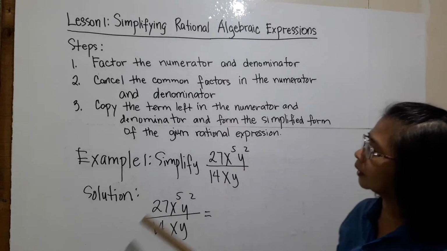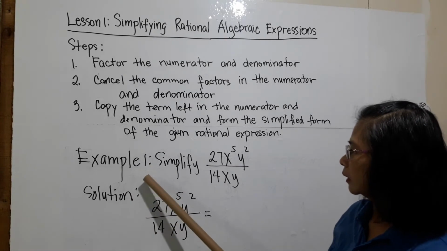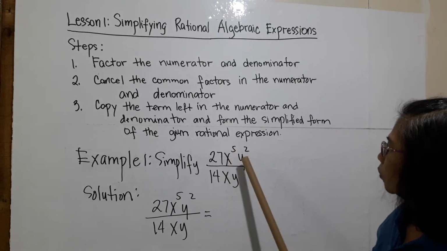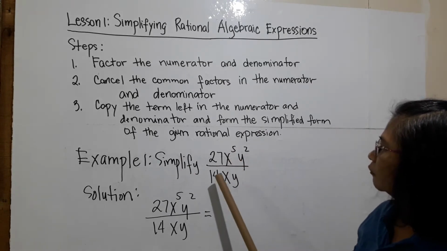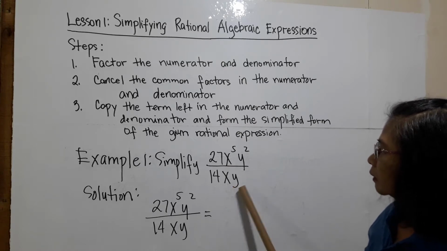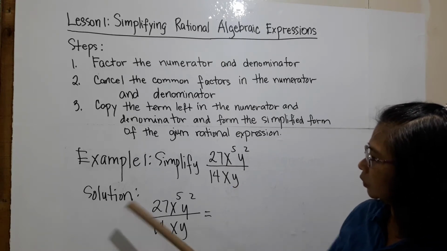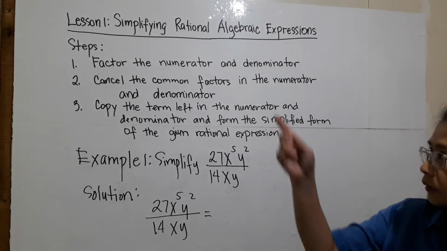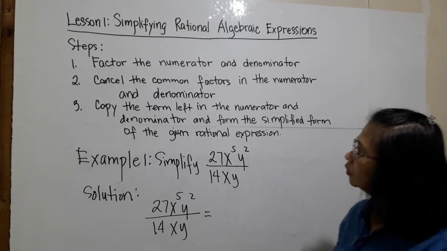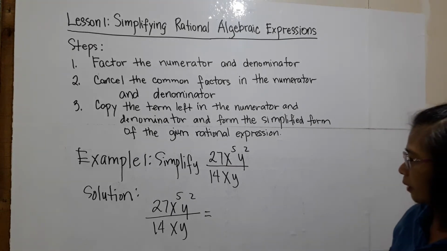Okay? Let us have example number 1. Simplify 27x to the 5th y squared over 14xy. Okay? Our solution, as mentioned in the steps, we have to factor both numerator and denominator.